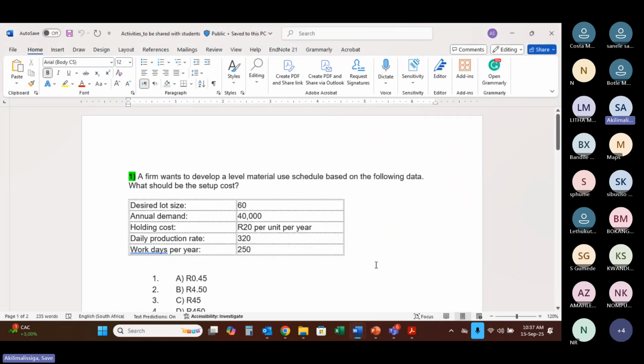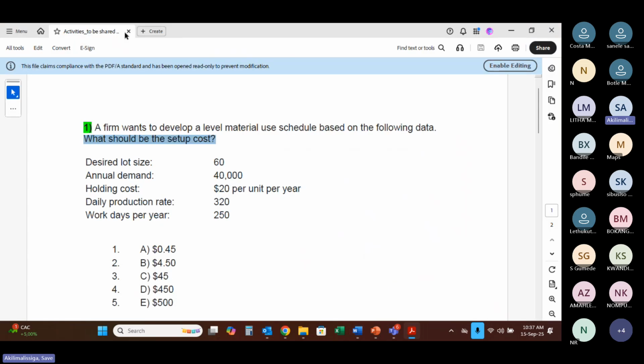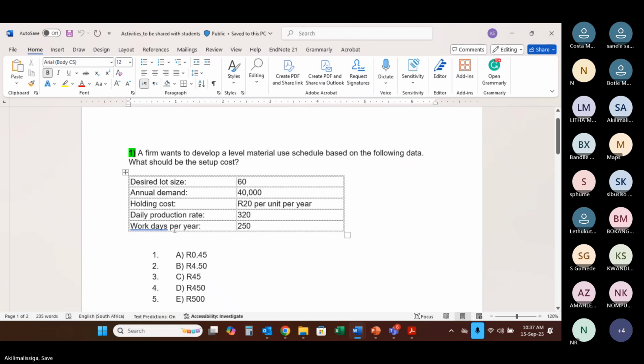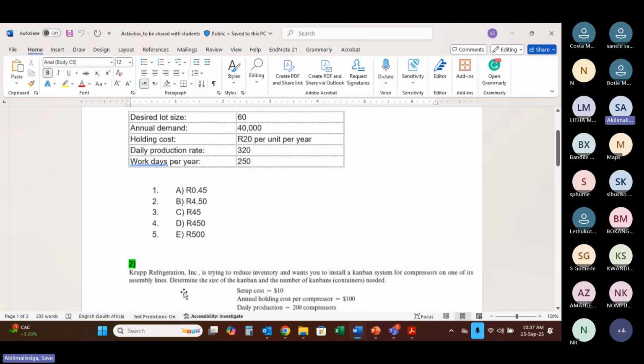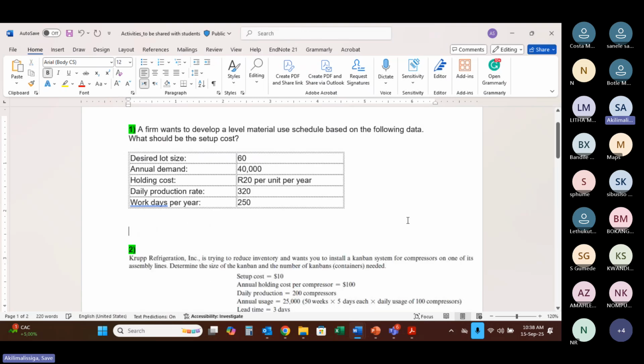Based on this, I'm going to use the Word document, which will be much easier for me to use straight away. In this question, even if you are not provided with these options, you still just need to do your calculations properly and come up with the appropriate answer.